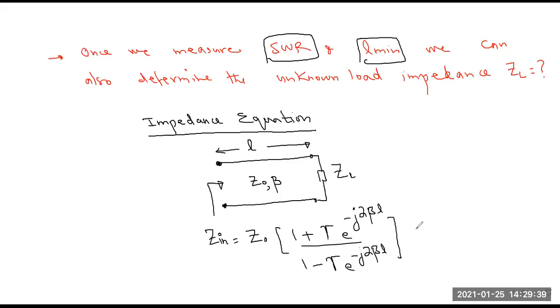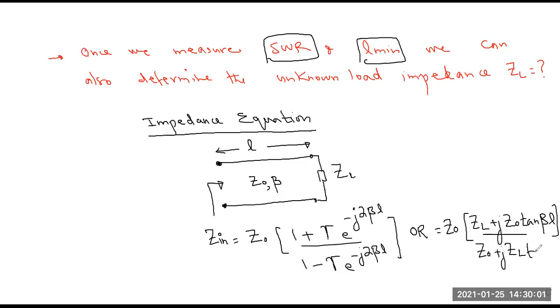This is one equation, and if you remember, there is an alternate form of this equation as well, where Zin is equal to Z0 times (ZL plus j Z0 tangent beta L) divided by (Z0 plus j ZL tangent beta L). These are two representations for finding out how much is Zin.